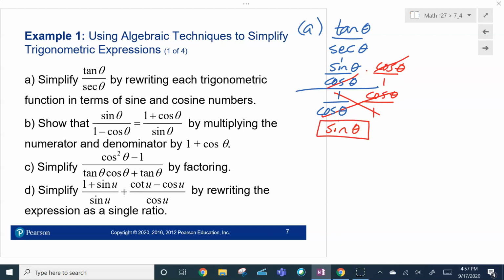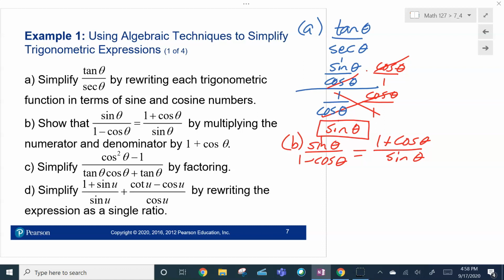B. We're going to show that sine over 1 minus cosine is equal to 1 plus cosine over sine. So I'm going to work with the left-hand side. Typically, you want to pick the more complex side, but you can pick either side to work from.